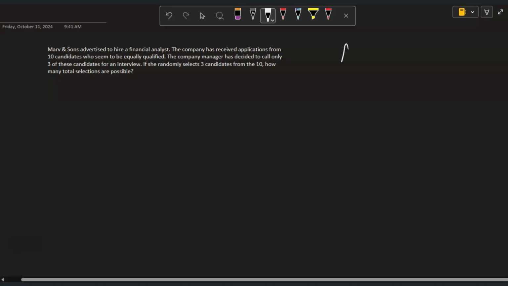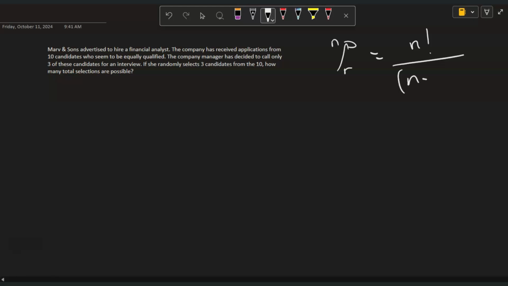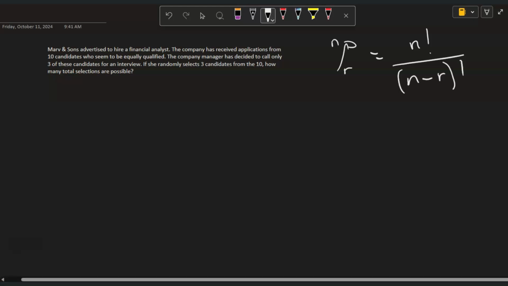And our formula for permutation was nPr is equal to n factorial over (n minus r) factorial. This was our formula for permutation.